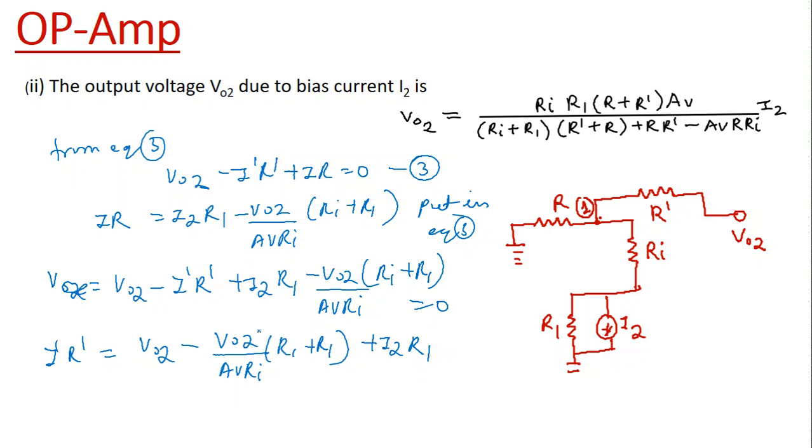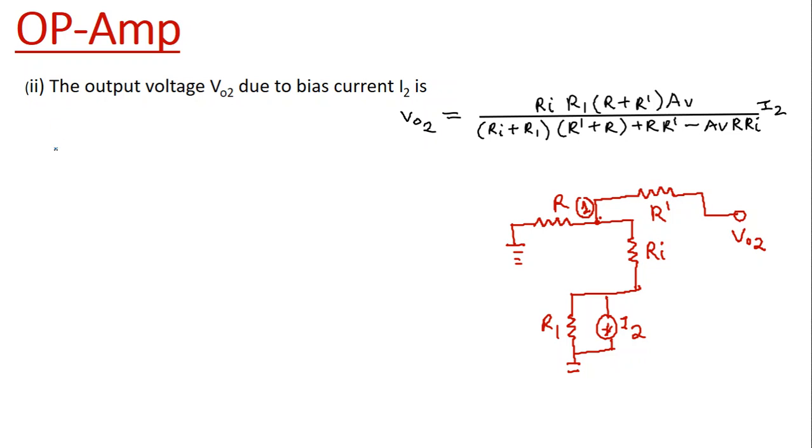Now from this equation we find out I dash. I dash will be equal to 1 upon R dash whole multiplied by VO2, take common, 1 minus (Ri plus R1) divided by AVRI, plus I2R1.